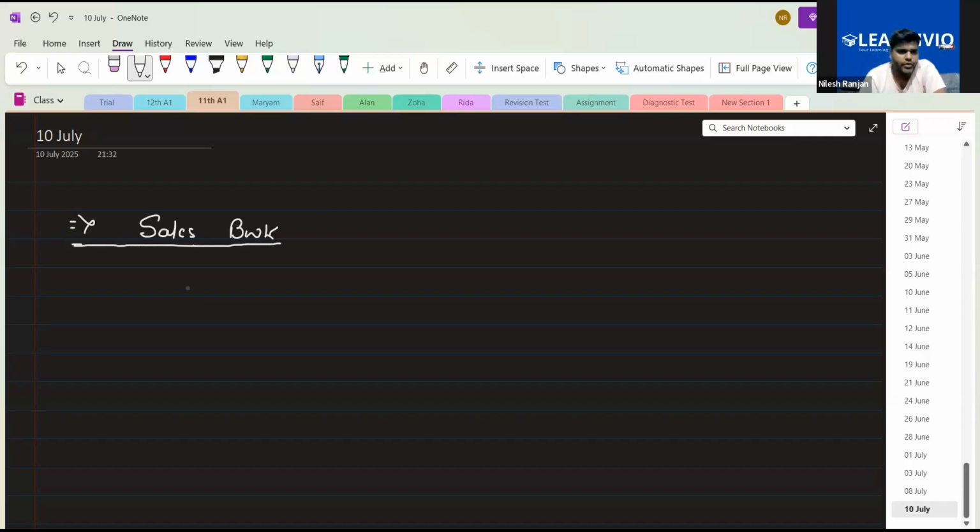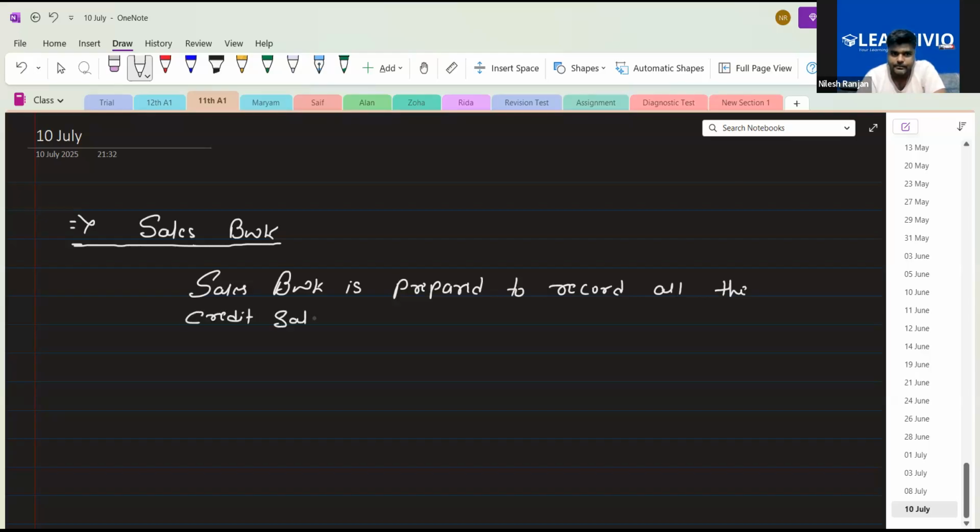So here also, the sales book is prepared to record all the credit sales of the business.